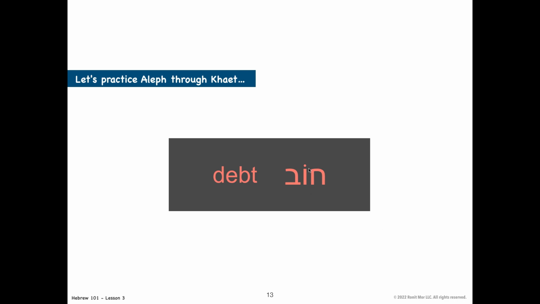So we have chov. Chov. Okay. So the vet doesn't have any nikud, so we will just make the v sound and stop there, not giving it a particular sound, just like v. So chov. Okay.